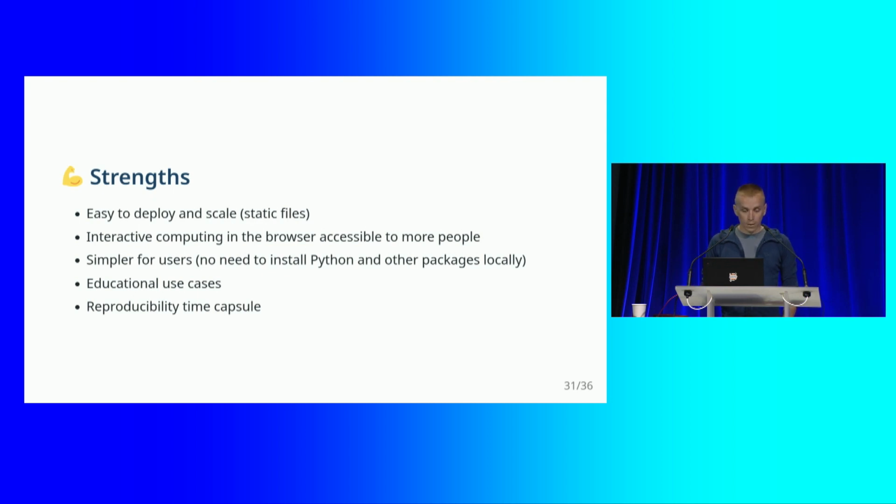It's also simpler for users. If you just give them a URL, they can just go there and that's it. It also works on a mobile phone. And for educational use cases, this is also super useful. You can use that, for example, to teach Python to a group of students.